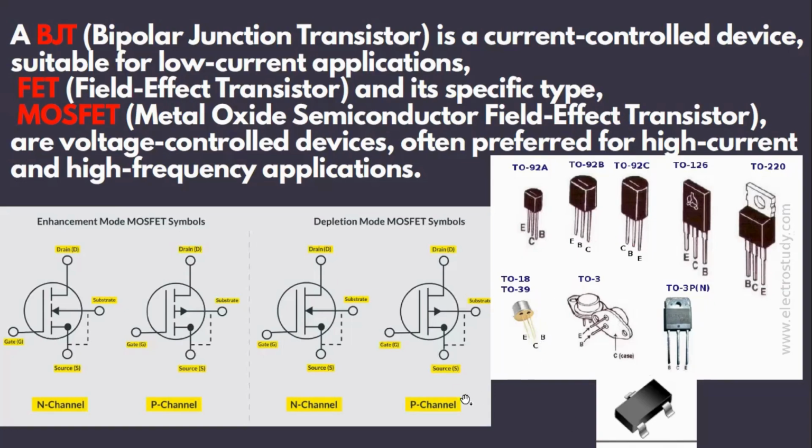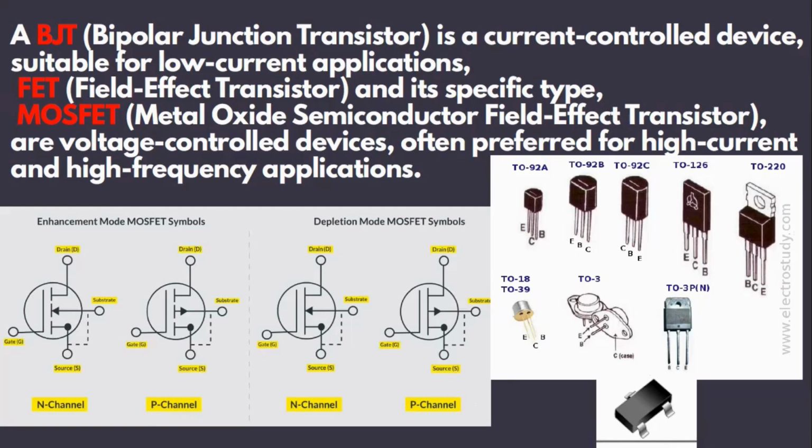Now, very important, you can see one transistor at the bottom that is an SMD type. SMD means surface mounted device transistor. You have to remember how the transistor looks: this is the collector, one side is the base, and the other side is the emitter. Three terminals.